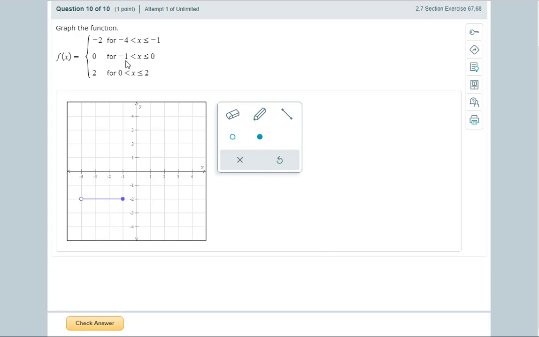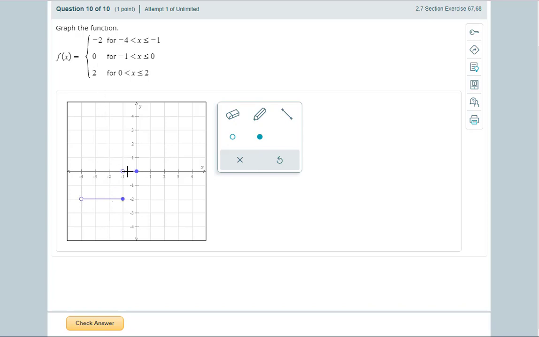Now this next one goes from minus 1 to 0. And there it's 0. Minus 1 is an open dot. Alright, open dot at 0. There's no height. We go to 0. See, 0 is included. Yes. Alright, so now I need my little blue line connecting the 2 dots I put there. So there it's there. So let's see. The first piece is down at minus 2.